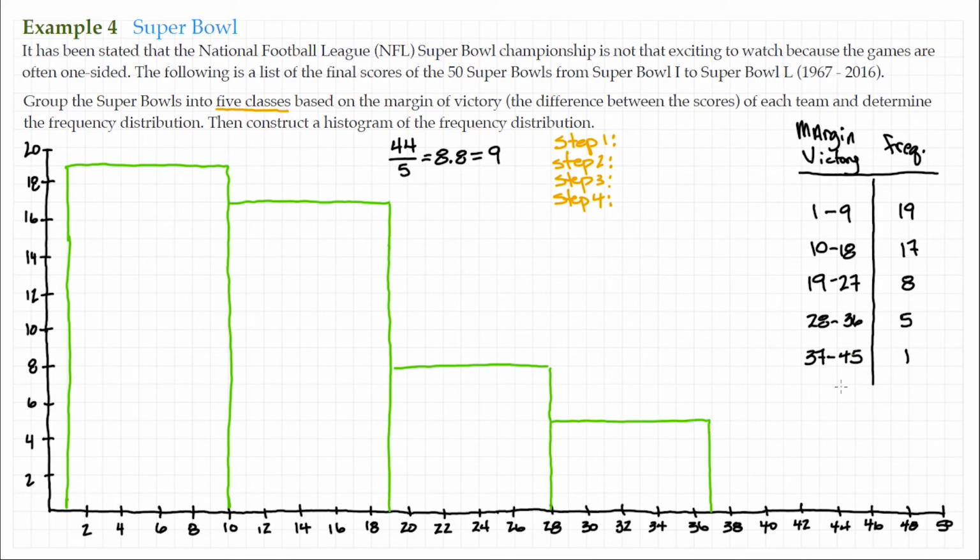And then the next lower class limit, if there was another class that was to go on here, that would be at 46. So we go from 37 to 46, and there was just one. So there's the histogram that represents the margins of victory from Super Bowl I to Super Bowl 50.